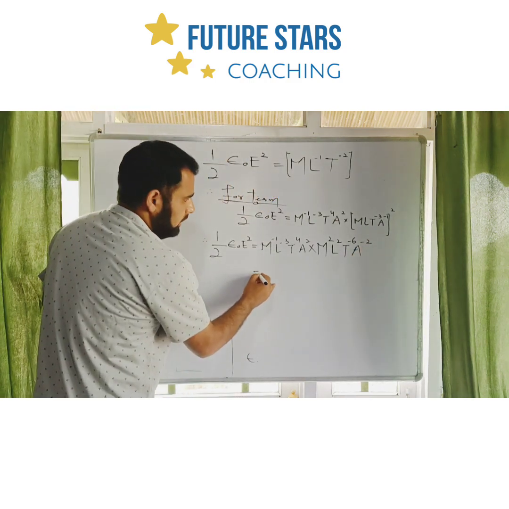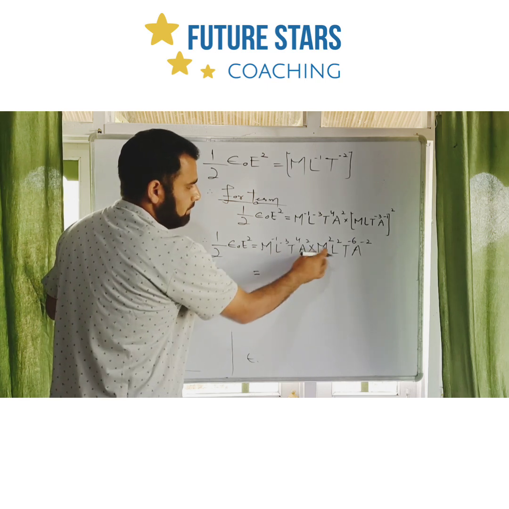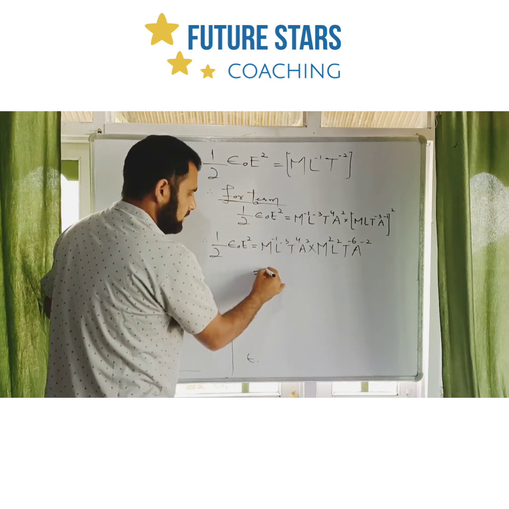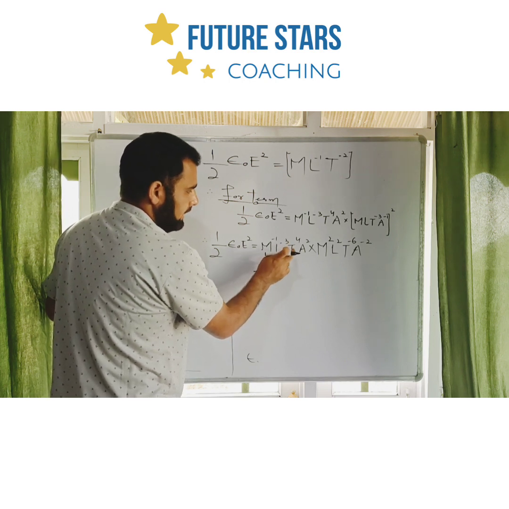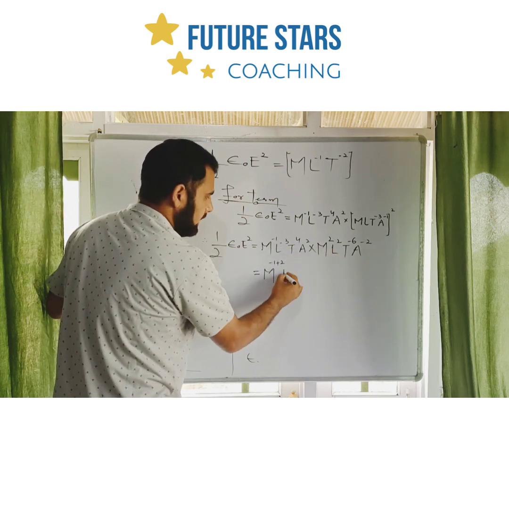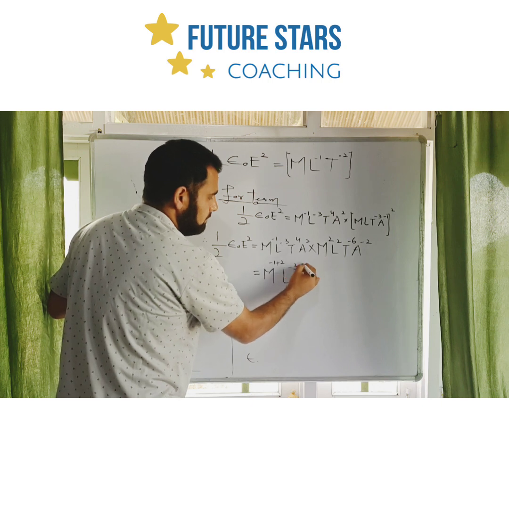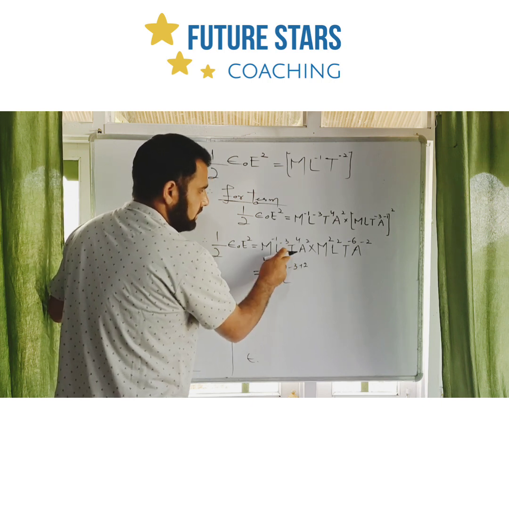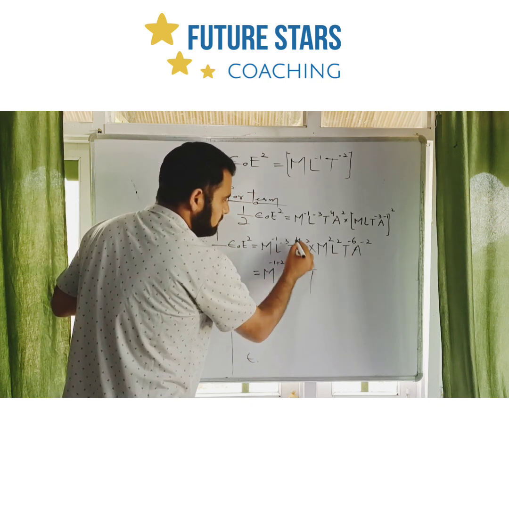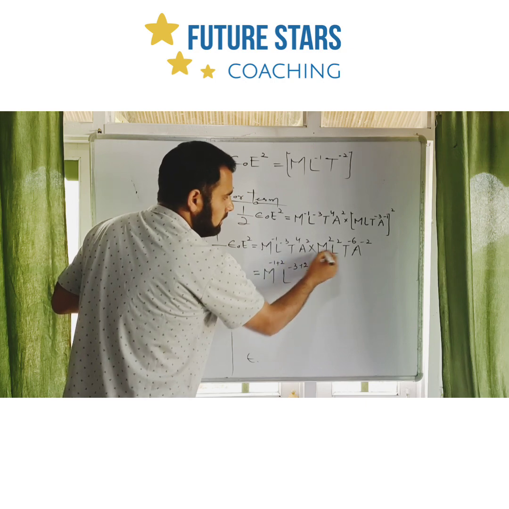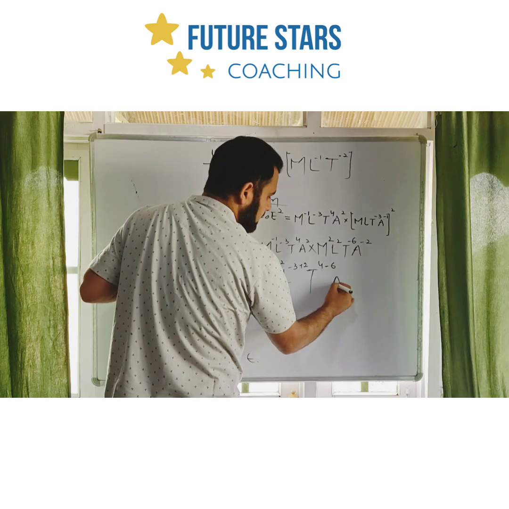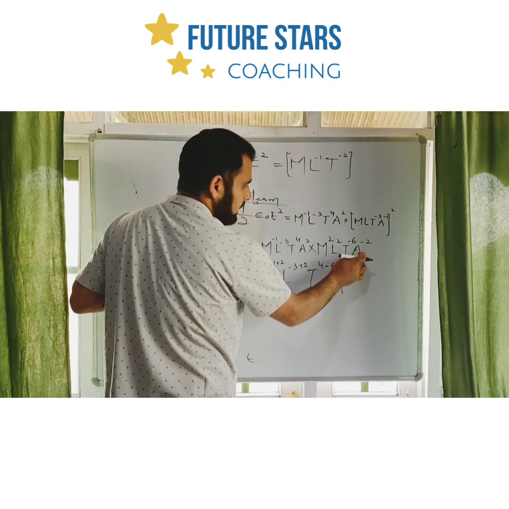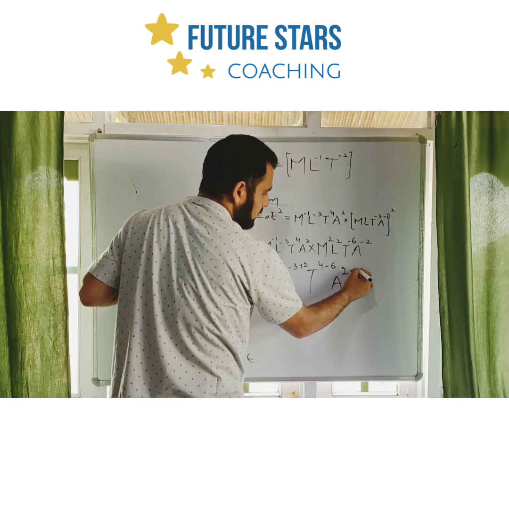Now bases are same, powers are added: M raised power minus 1 plus 2, L raised power minus 3 plus 2, T raised power 4 minus 6, A raised power 2 minus 2.